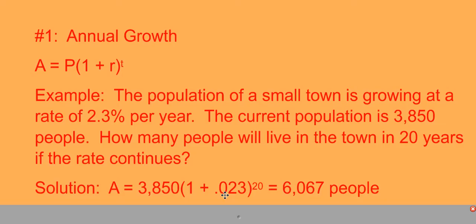So you plug 20 in for T. The nice thing is this can be plugged directly into your calculator exactly the way it looks. If you plug in 3,850 parenthesis 1 plus 0.023 parenthesis to the 20th power, it will take care of order of operations, and you will find that there will be 6,067 people living in the town after those 20 years. Understand you are always going to round to a number that makes sense. If we're talking about people, we will always round to a whole person.